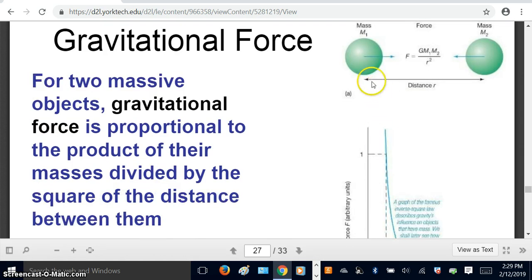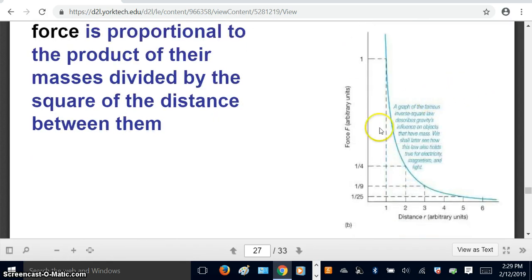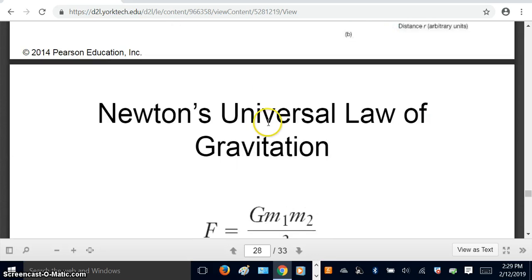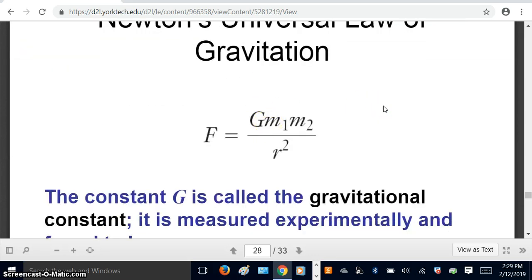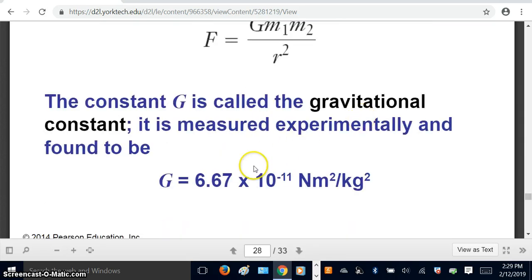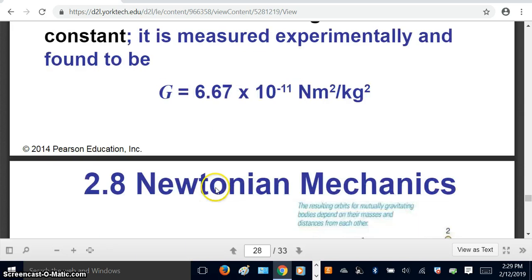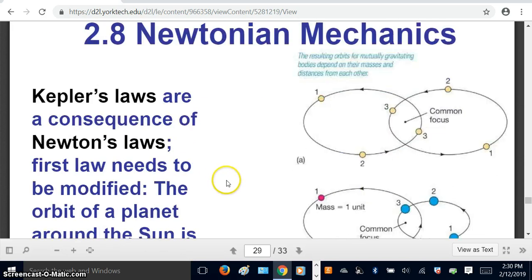So the gravitational force weakens as the square of the distance. That's what this graph is telling you. All right, so there it is, the universal gravitational force, of course with the constant. And the constant wasn't measured during Newton's lifetime. It was measured much later by a guy named Cavendish first. All right, anyhow, so let's move on.